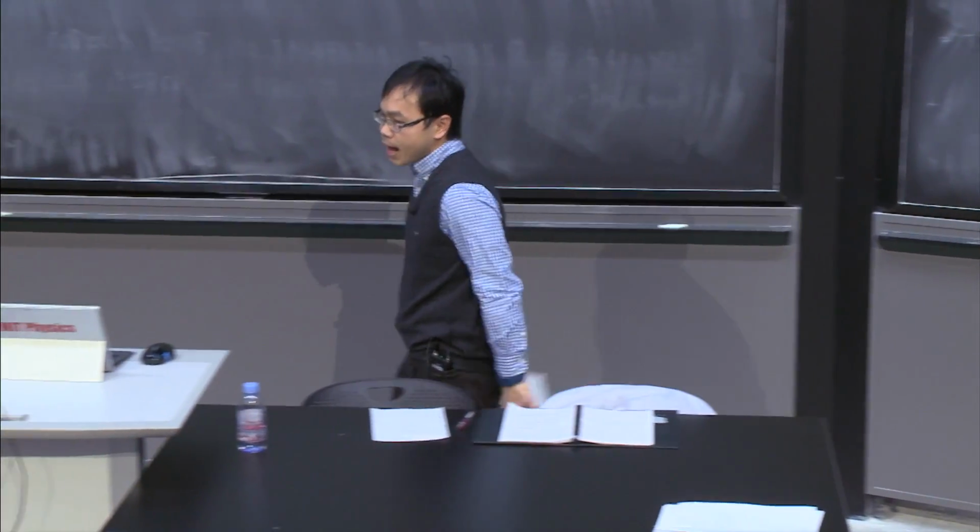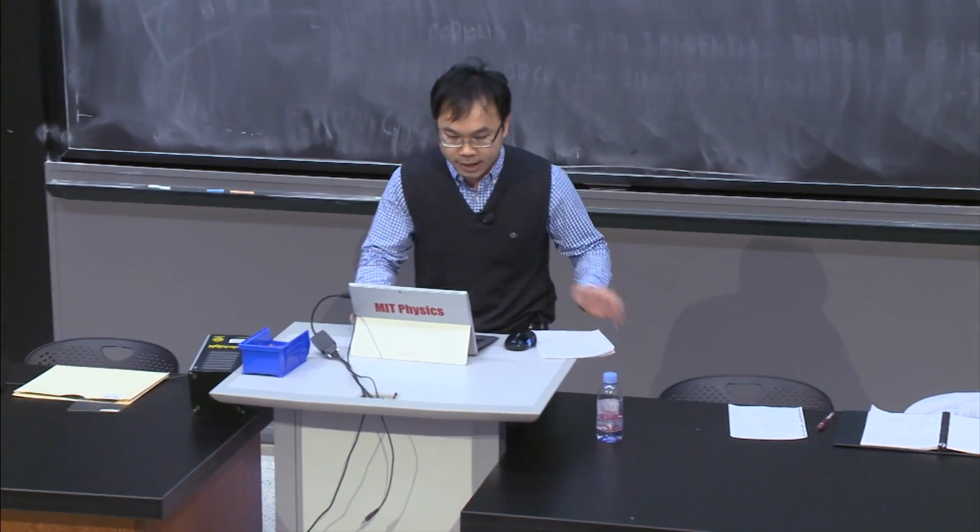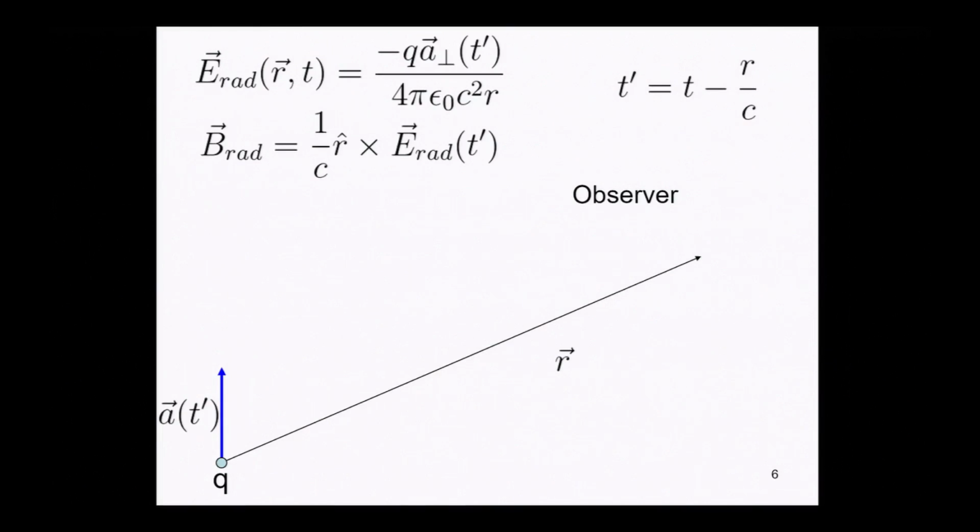Also, we derived, based on a geometrical argument, the magnitude and the direction of the radiated electric field and the magnetic field. The radiated electric field is going to be in the opposite direction of the projection of the acceleration, A perp.